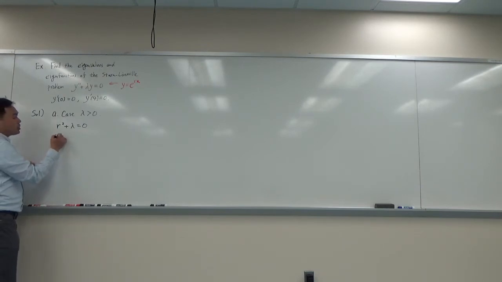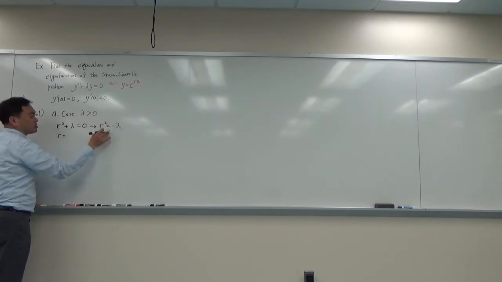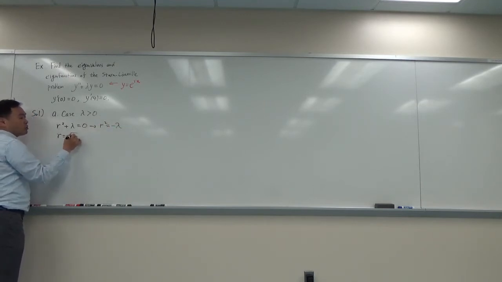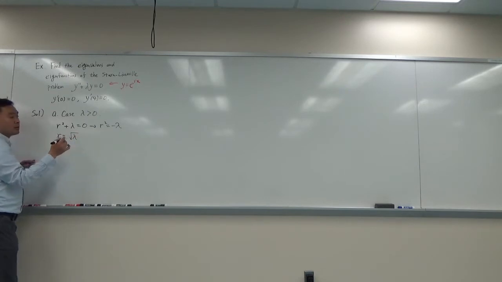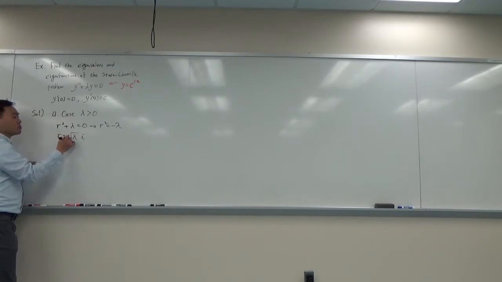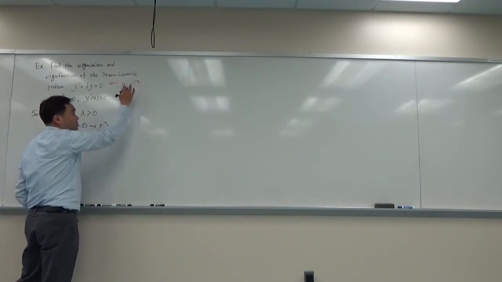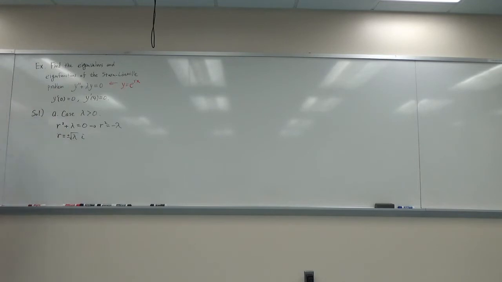If you move the lambda to the other side, you get r squared equal to negative lambda, and then taking the square root, you get the square root of lambda, but you also get the square root of negative 1, which we call i. So you get plus or minus. In such a situation, we learned that when you plug it into e to the rx, you end up with something that looks like Euler's identity, where it creates the cosine as the real part and the sine as the imaginary part.